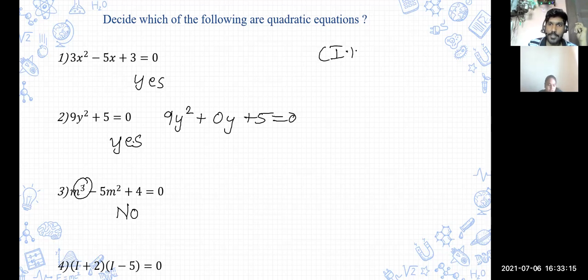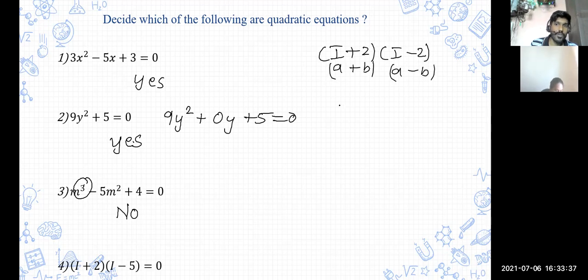I plus 2, I minus 2. Now, this is not in the general form. So first we'll try to bring it in the general form. If you see, this is in the form of A plus B, A minus B, correct? So how will it become?